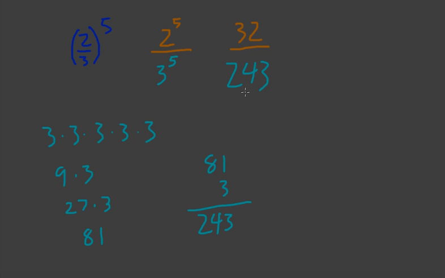We could play around with some numbers. 3 goes into 32. No, it doesn't. Does 3 go into 243? Indeed it does. It gives you 81, but that's not going to work. How about 2? 2 goes into this, yes. It makes it a 16, but 2 doesn't go into this. I don't think we can reduce it. What about 6? 6 could go into 32.